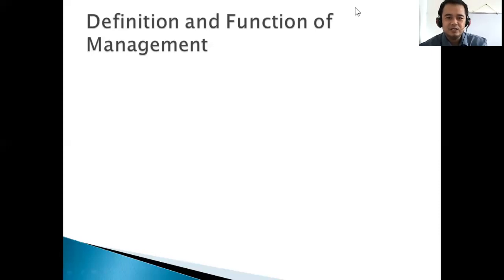So, the definition and function of management. First, we need to define what management is, and then determine the functions of management. If you say management, you can create the definition from the word management itself.